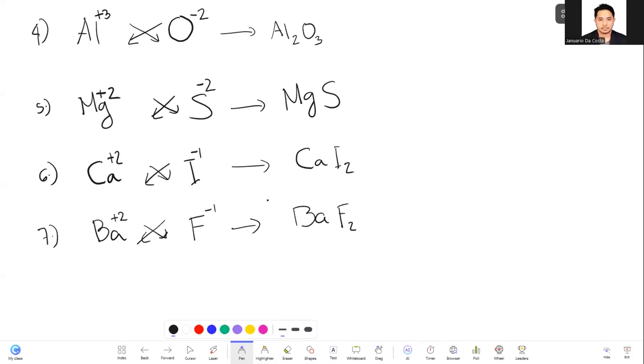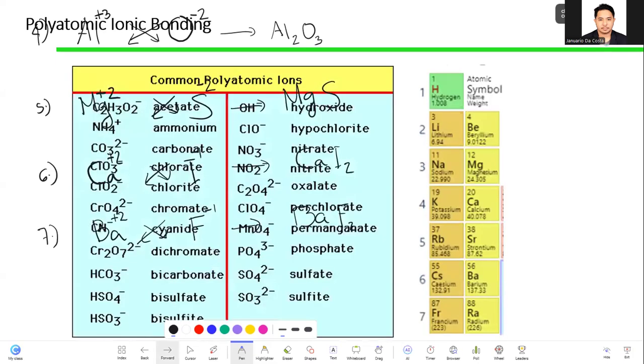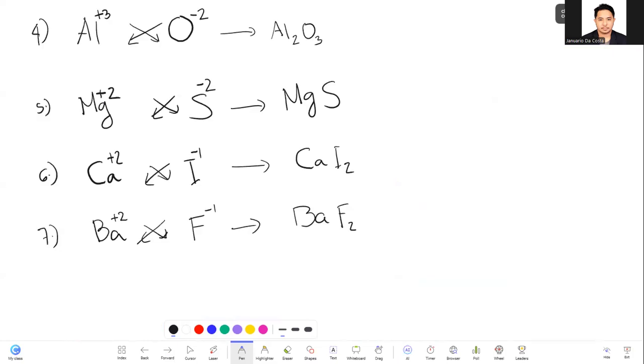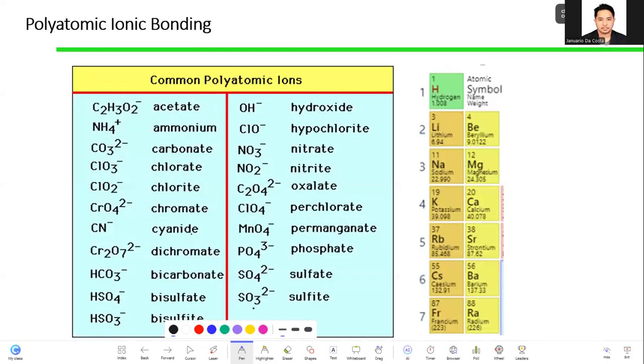So these are monoatomic ions, the reactions we have done are just all monoatomic ions. But right now, we are going to make chemical bonding of polyatomic ionic compounds. Polyatomic ions are on the table, so print it out.